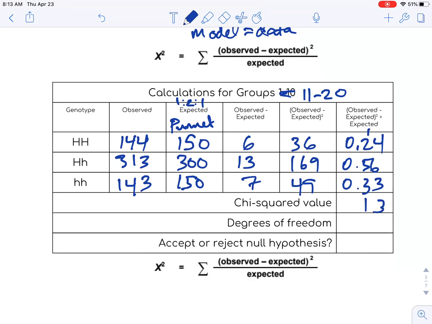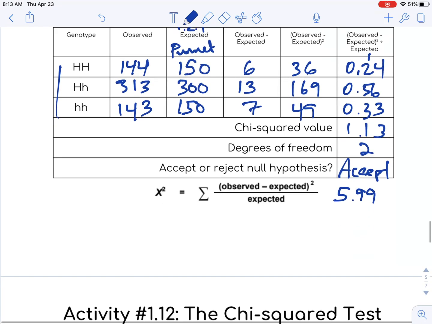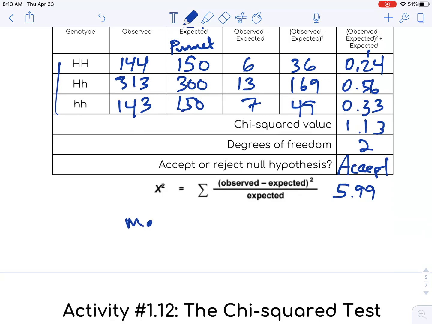So we're still at 1.13. Again, degrees of freedom, n minus 1, is 2. And I remember our critical value is 5.99. We are way, way less than that, so we're going to accept.